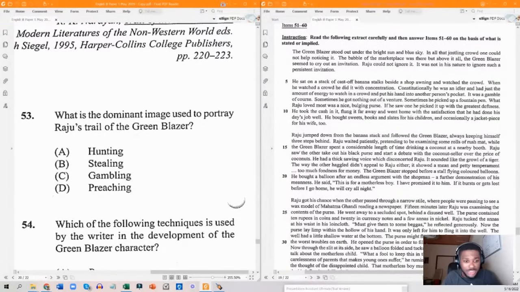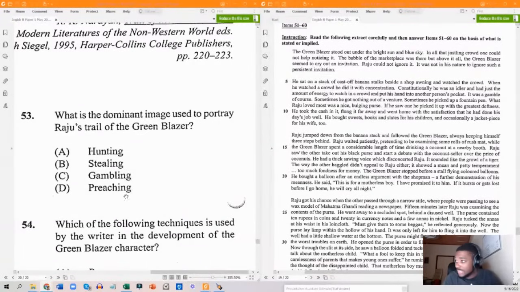What is the dominant image used to portray this? Wow, I'm seeing some strange answers. What's going on? B, D? Has to be A. Come on.